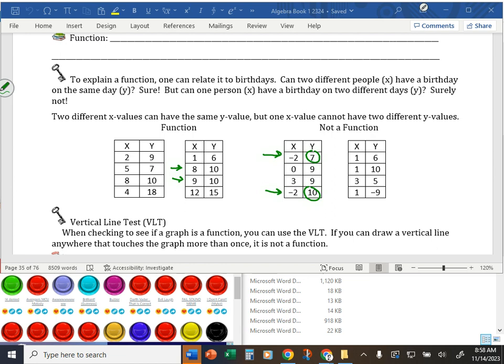No. So that's how that example relates to function, not a function. Basically, if x repeats itself, it's not a function, because that's saying that when x is negative 2, y is two different things. The same person cannot have two different birthdays. Not how it works.